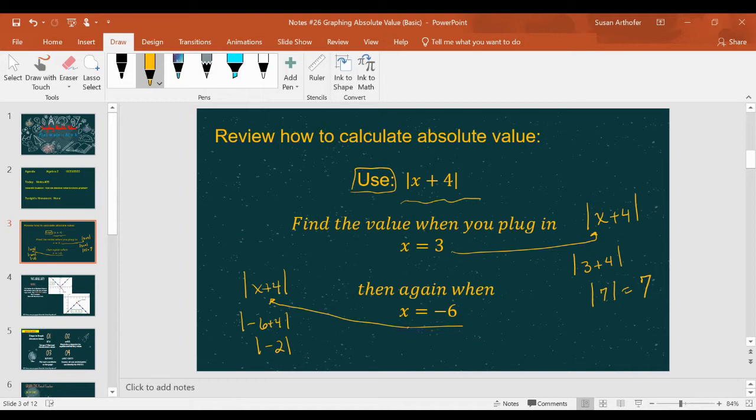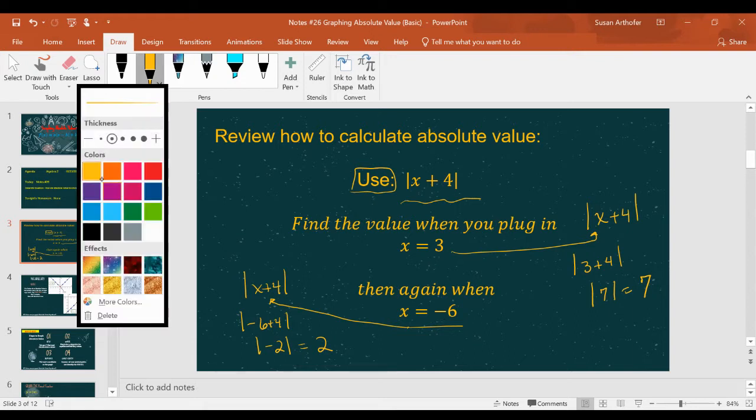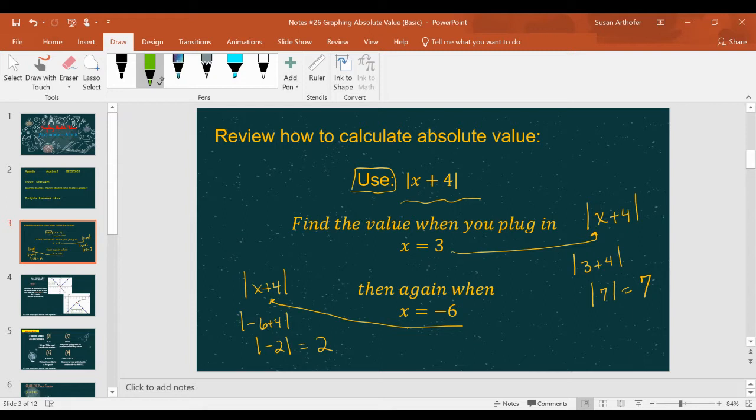How many spaces away from 0 is negative 2? It's 2 spaces away. So the point of this is absolute value always comes out to be a positive answer out of those absolute value bars. Okay? So we just needed to review that so we can actually do some graphing.